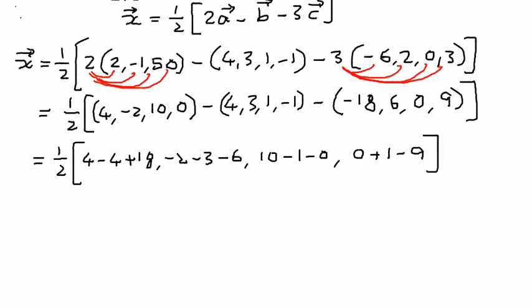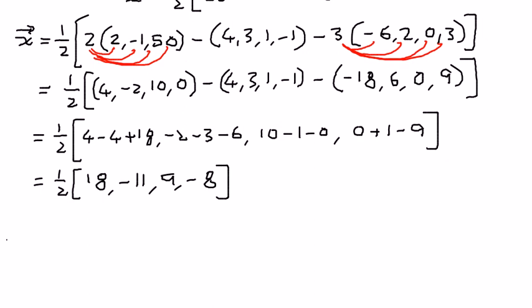So this is what we need to simplify now. When we simplify this is going to simplify to positive 4, negative 4 cancels out, leaving us with 18 here, comma, negative 2 minus 3 minus 6 is going to be equal to negative 11, comma, and then 10 minus 1 is 9, comma, and then 1 minus 9 is minus 8.